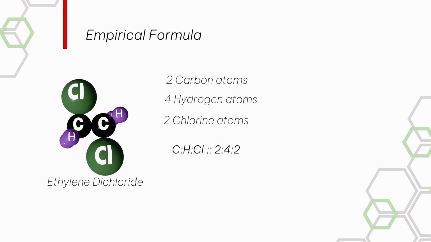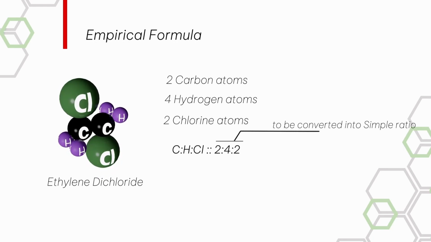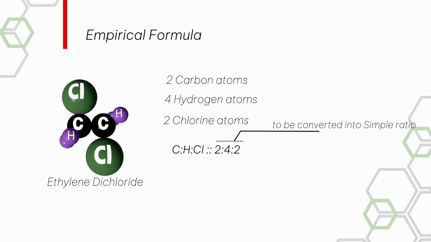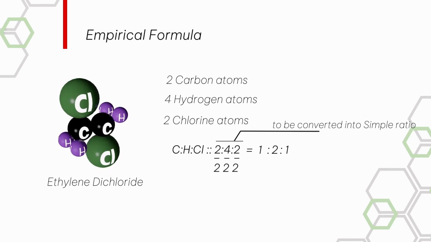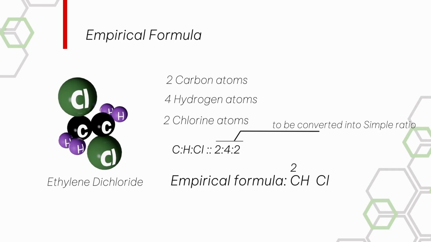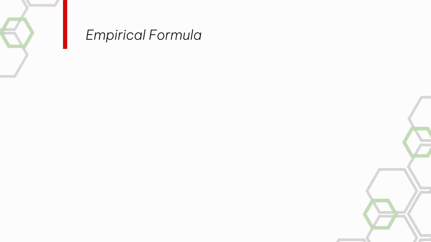So to get its empirical formula we have to convert the amounts of all these elements into a simple ratio. So the number of atoms of carbon, hydrogen and chlorine will have a simple ratio of 1:2:1, which we can get by dividing this ratio by 2. So this would be the empirical formula of ethylene dichloride, CH2Cl.